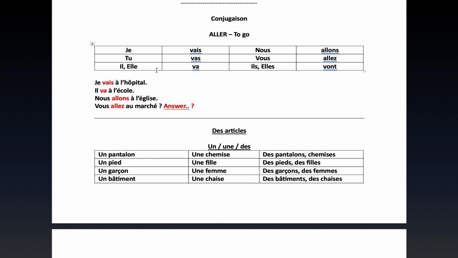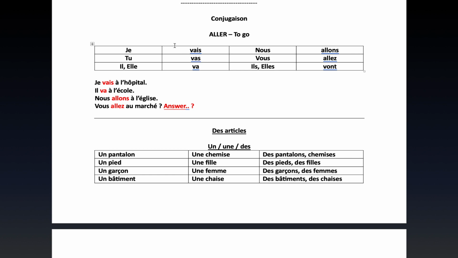Now, let's make a sentence using these pronouns and the verb aller. So the first sentence here, we are going to say je vais à l'hôpital. Now, before we go to the sentence, let me just explain here that aller, when it is conjugated, it transforms itself into very many different ways.